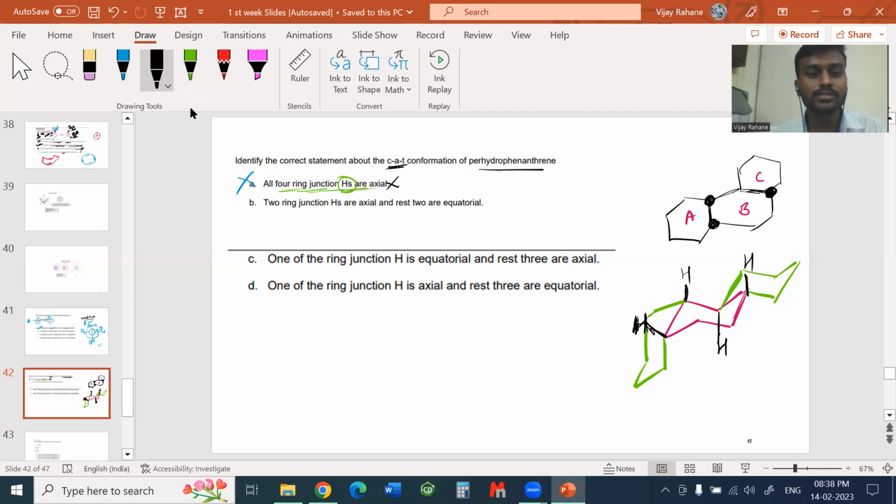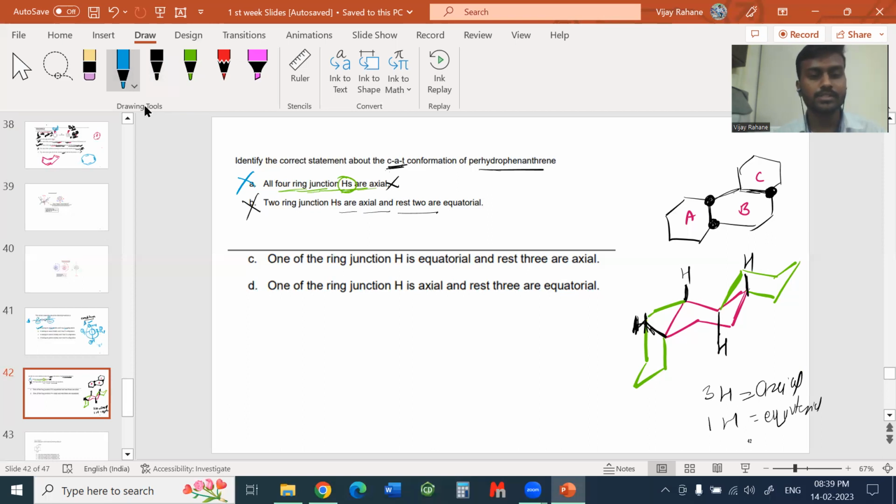The second option is two ring junction hydrogens are axial and the rest two are equatorial. Here three hydrogens are axial and one hydrogen is equatorial, right? So this second option is also a wrong option.